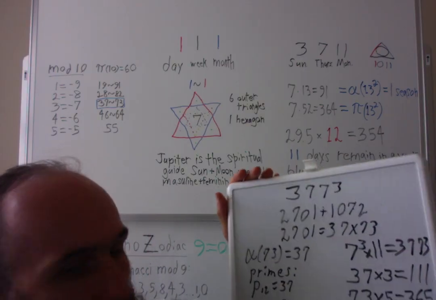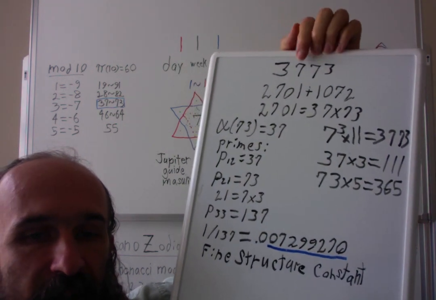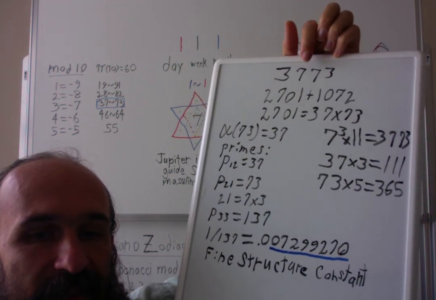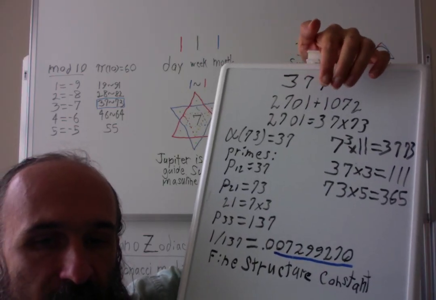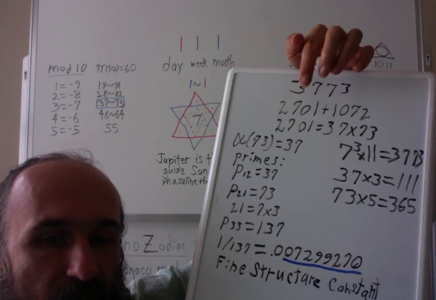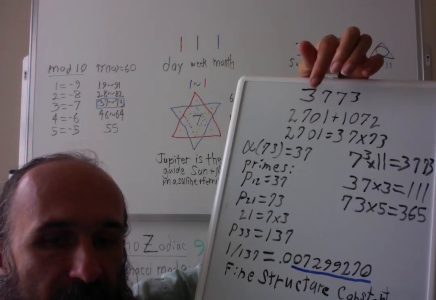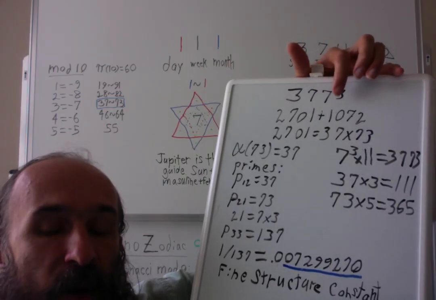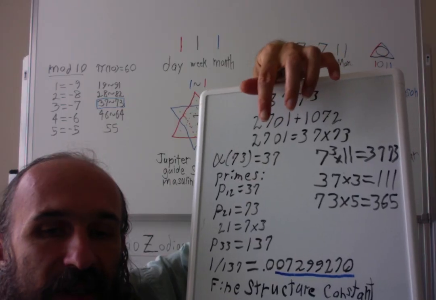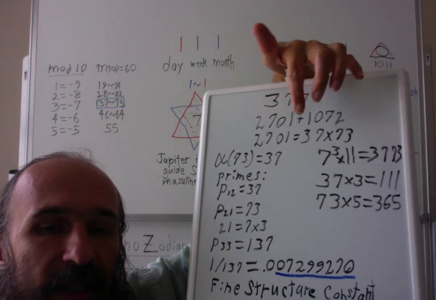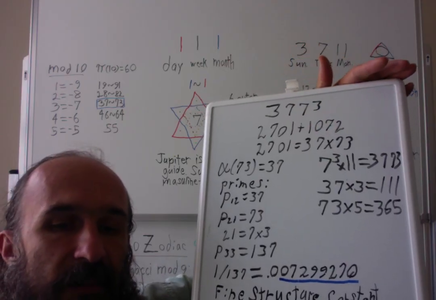Actually, we're going to start with a much bigger number, this 4-digit number 3,773. We can split that into the sum of two symmetric numbers: 2701 plus 1072 is equal to 3,773. What makes that particularly interesting is when you notice that 2,701 is in fact the product of 37 and 73.